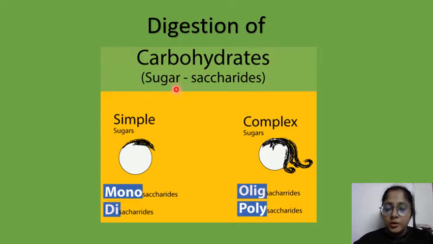Saccharides means sugar, mono means containing a single unit of sugar, di means containing 2 units of sugar, oligo means containing more than 2 and less than 10 units of sugar, and polysaccharide is more than 10 units of sugar.